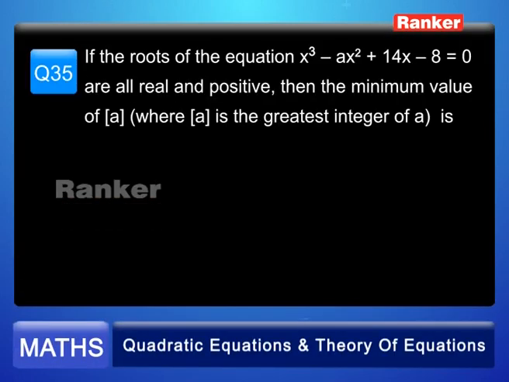If the roots of the equation x cube minus ax square plus 14x minus 8 is equal to 0 are all real and positive, then the minimum value of the integral part of a is, where the symbol square bracket a can also be read as the greatest integer less than or equal to a. There are 4 options. The first option is 3, option B is 4, option C is 5 and option D is 6.